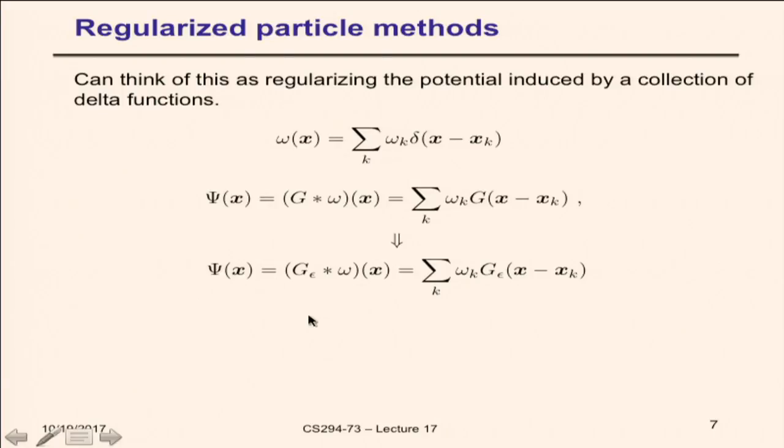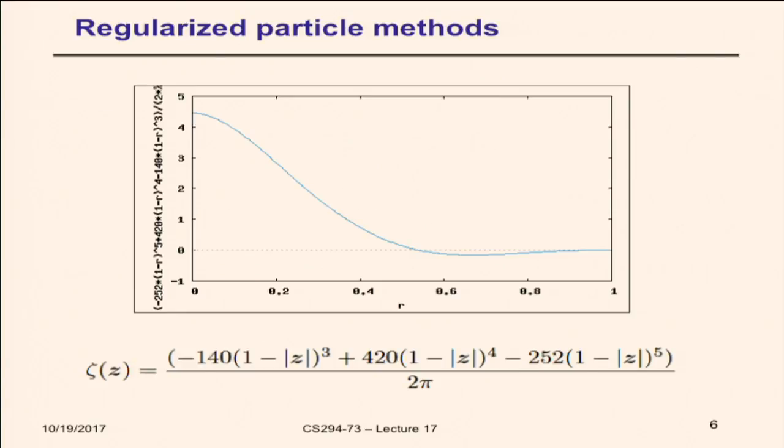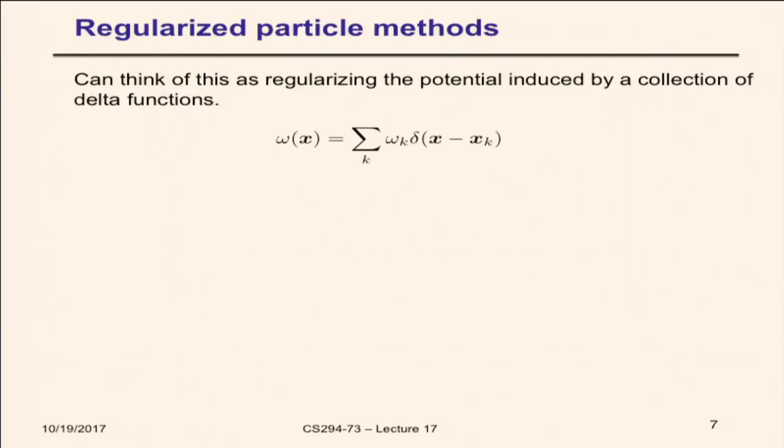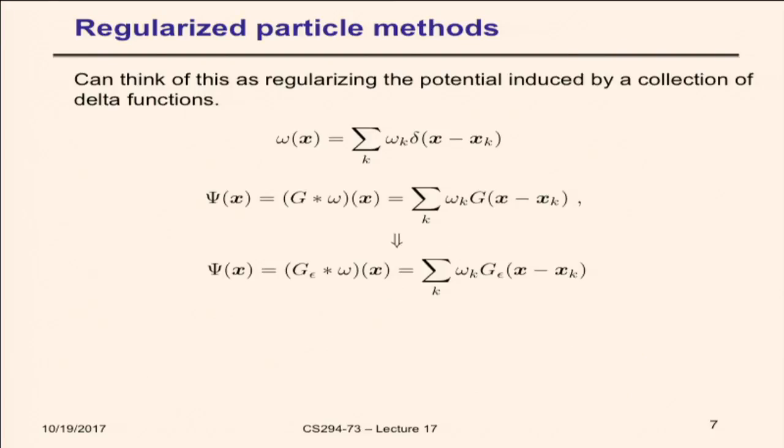Then you regularize that to say it's G_epsilon convolved with omega, where G_epsilon is the convolution of G with this nice regularizing function. Now, notice that zeta of z is a function of absolute z, the distance from the origin, which means that these regularized things can be computed analytically. It's separation of variables for solving Poisson's equation, and it's pretty easy.